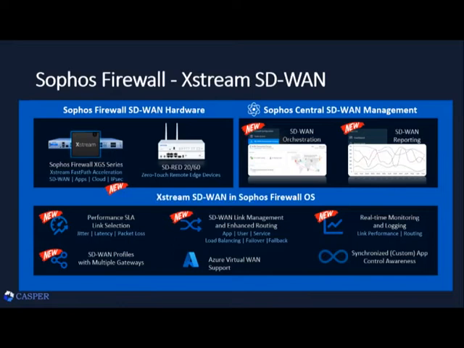You now have the option for a failback and all of that. You could also load balance, or you could target specific applications or services. There's also support for Azure Virtual WAN. So in case you have an Azure environment and you have a virtual WAN in that environment, you could also leverage Sophos Extreme SD-WAN to make use of that.